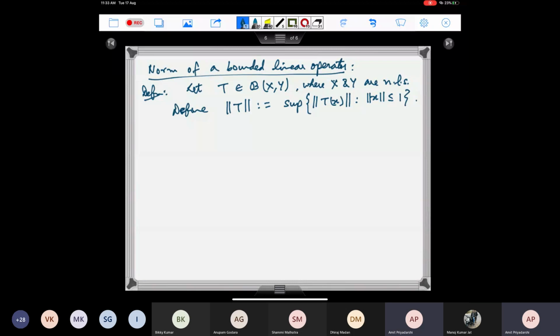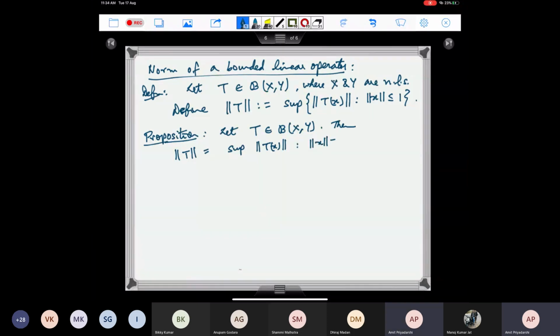So first, let's write this proposition. Let T be in B(X,Y), then norm T is equal to the supremum of norm Tx from norm x equal to 1.